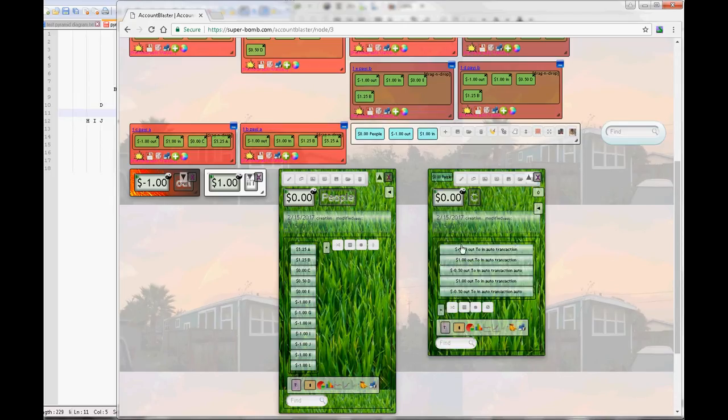C got $1. Oh yeah, paid $1 to A, of course. That's this. Paid $1 to A. Got $1 from the child. Paid $1, 50 cents. Got $1, paid 50 cents to A. So C worked properly.